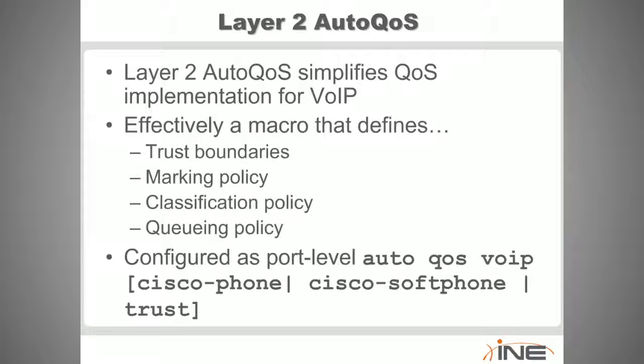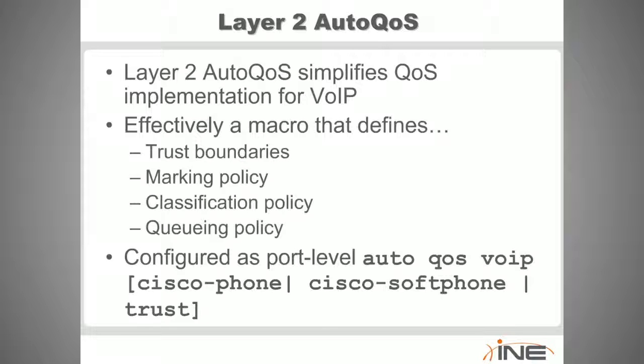So it's basically going to be just one command at the interface where we specify that we're running QoS for voice, and we're connecting to the Cisco phone, which would be like a 7960, or a Cisco softphone, which would be like the IP Communicator, or whether we just want to trust the port because there's some other application that we're using.